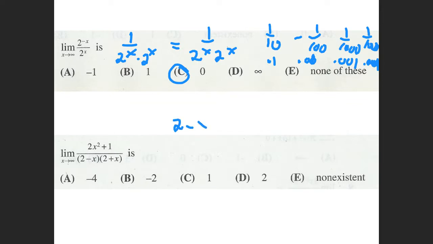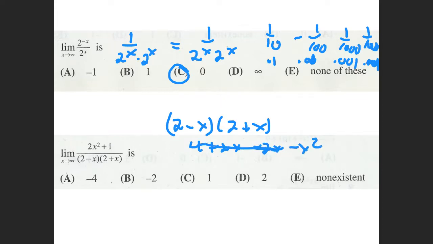So I've got (2 minus x) times (2 plus x). If I multiply this out, I end up with 4 plus 2x minus 2x minus x squared. I don't care about any of this stuff. All I care about is this one. So I end up with 2x squared on top, negative x squared on bottom. I'm going with -2. Okay? So yes, it should be -2 there.